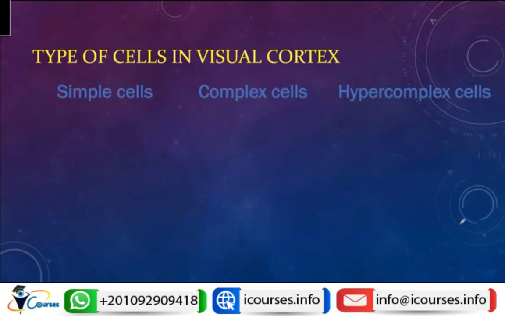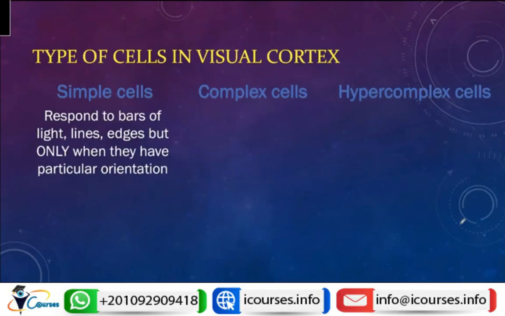So what are the types of cells in the visual cortex? We have different types: simple cells, complex cells, and hypercomplex cells. These cells differ according to the type of stimuli that they perceive. Simple cells respond to bars of light, lines, and edges, but only when they have a particular orientation.